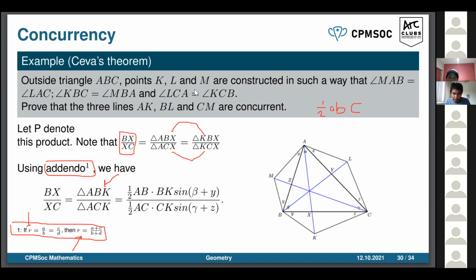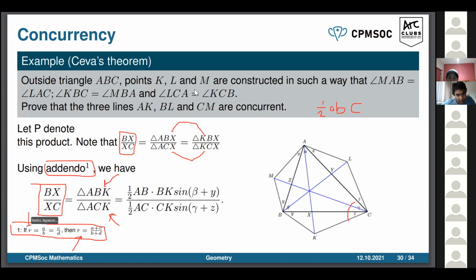So here we have half times AB times BK times the sine of beta plus y, the angle ABK, and the area of ACK is half times AC times CK times the sine of this angle, which is gamma plus z. So that is BX over XC.